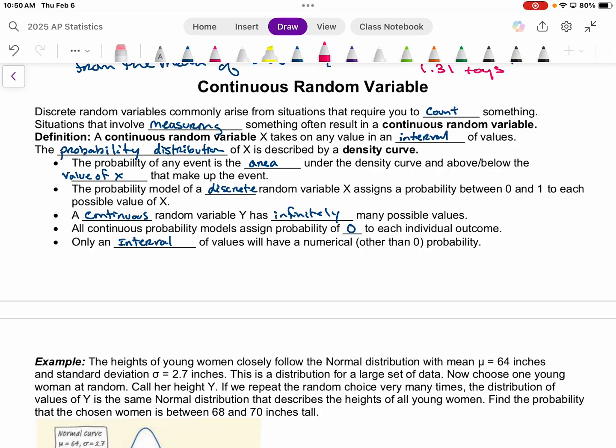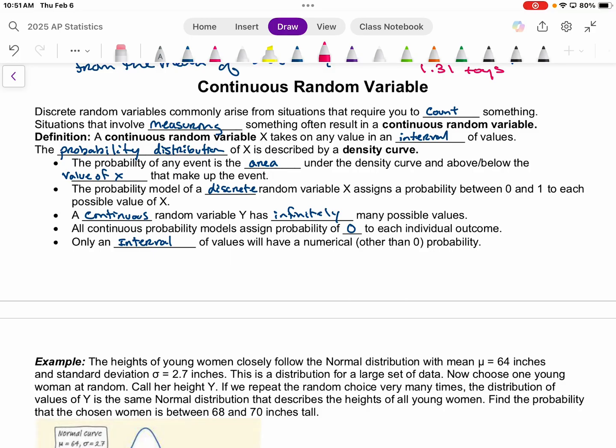Now, I'm already starting to think about, well, when did we talk about probabilities with a continuous situation? That would be going back to chapter 2, when we started learning about z-scores. The z-scores weren't just whole numbers, they were actually tenths and hundredths. And then we also took that into the normal distribution, and we used the area under the curve of that normal distribution. That was our density curve.